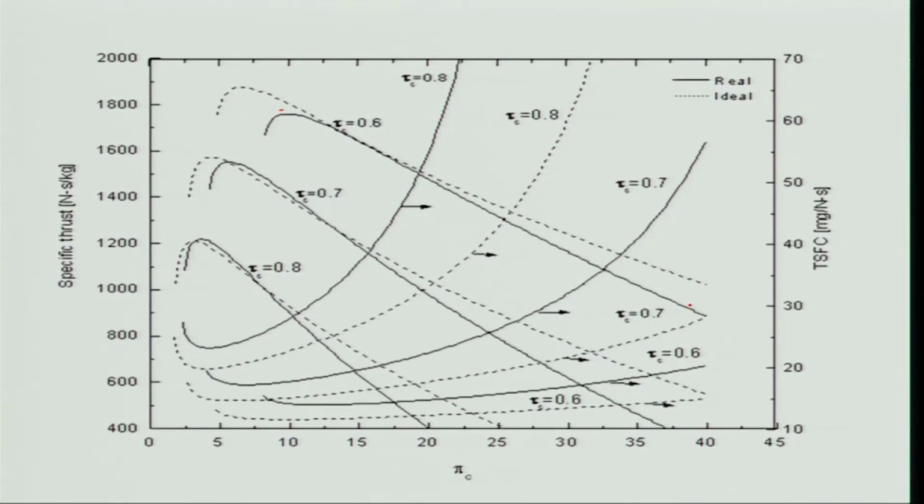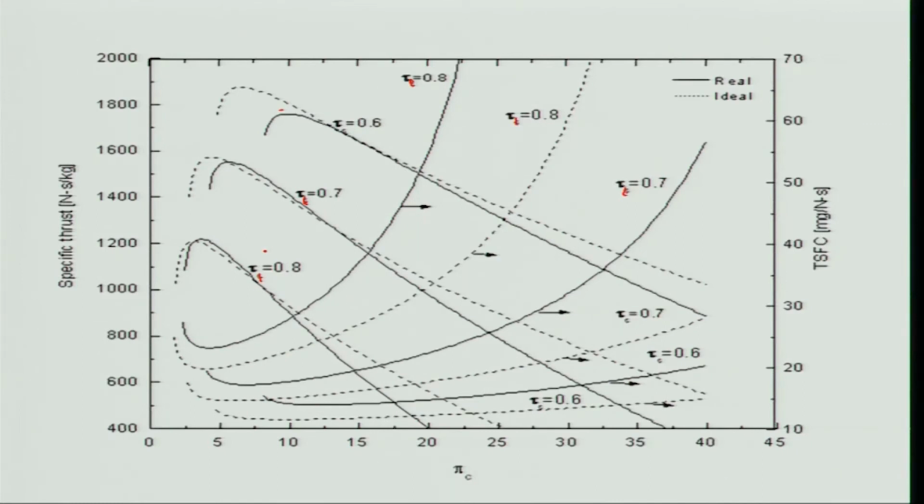Of course, in some places it goes above the ideal cycle, but as you go on increasing this temperature ratio across the turbine, right, this is the turbine, you will find that the specific thrust decreases.